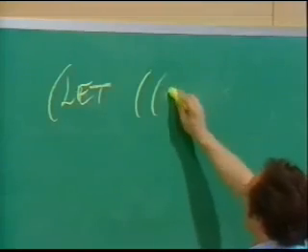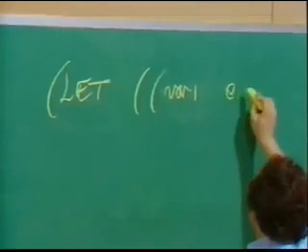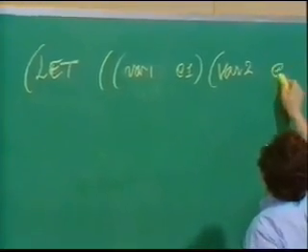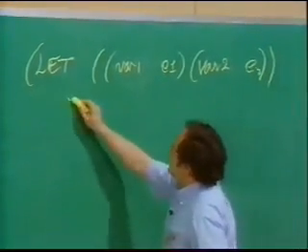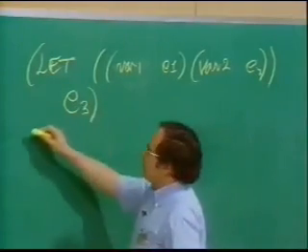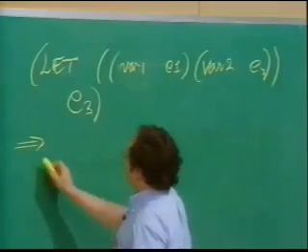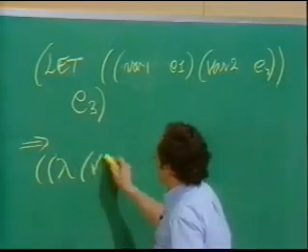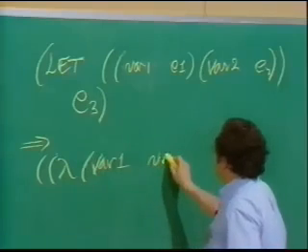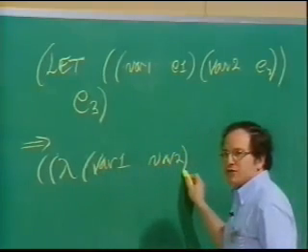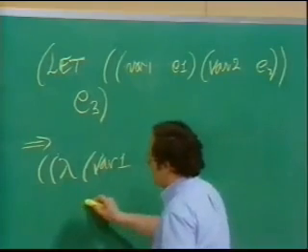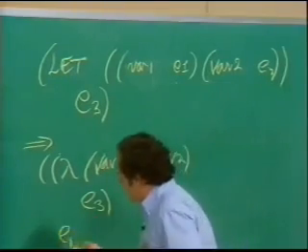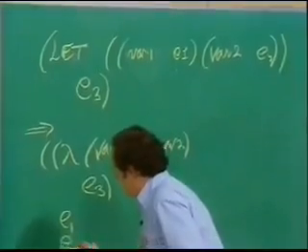Let variable 1 have the value of expression e1, and variable 2 have the value of the expression e2, in an expression e3, is the same thing as a procedure of var1 and var2 being formal parameters, and e3 being the body, where var1 is bound to the value of e1 and var2 gets the value of e2.